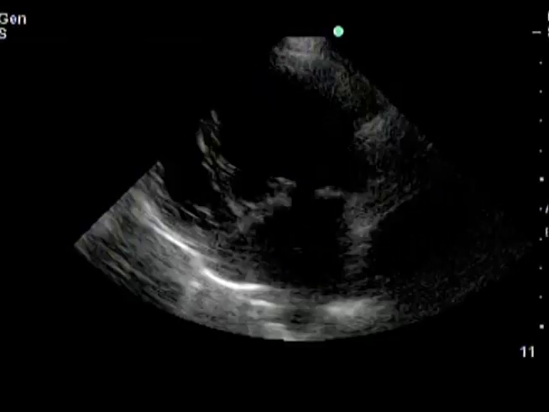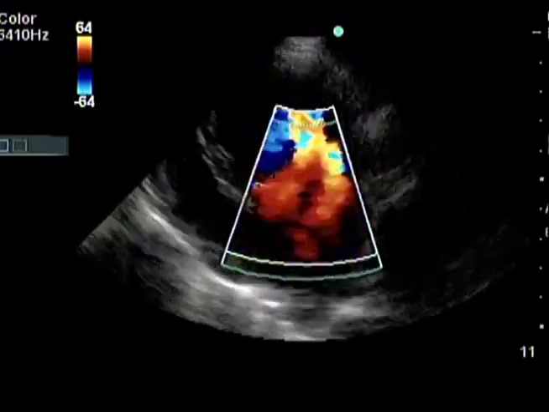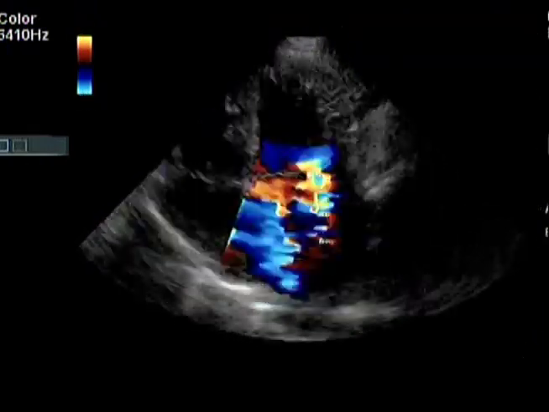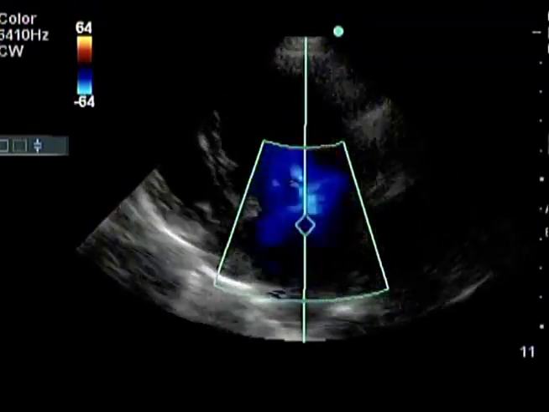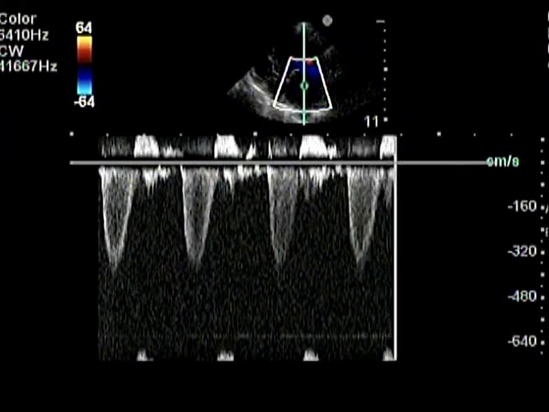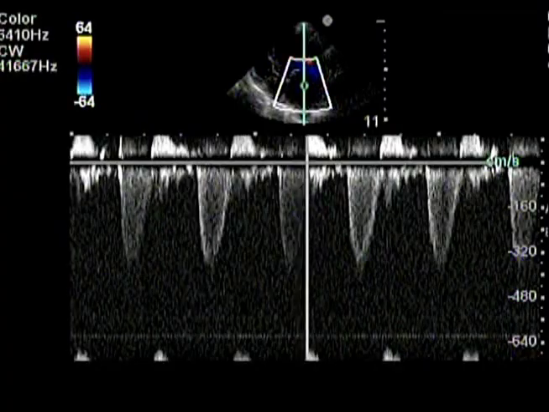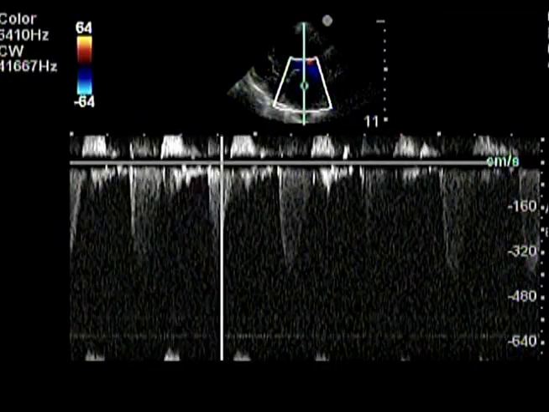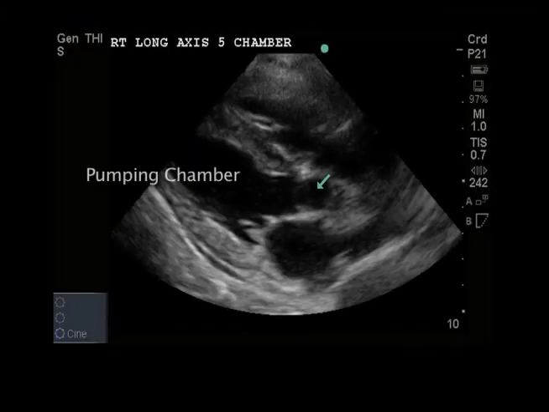If mitral insufficiency is present, the pressure gradient of the regurgitant jet can also be used to estimate left ventricular pressure and can be verified by measuring the patient's systolic blood pressure. In this case, the left ventricle is still the pumping chamber.